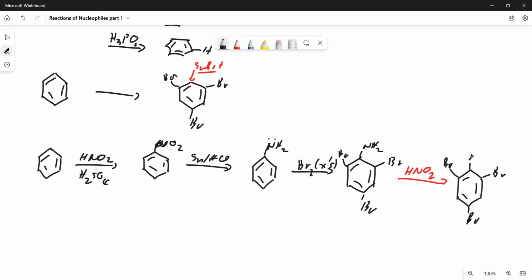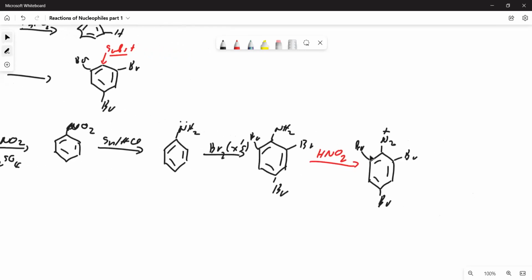And you have the N2 plus, the diazonium salt. Okay. So what reagent can replace that with hydrogen? Of course, H3PO2.